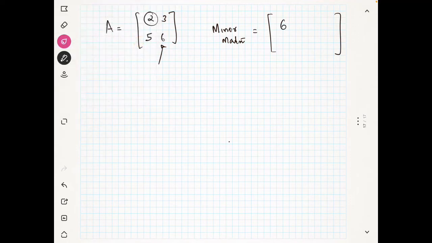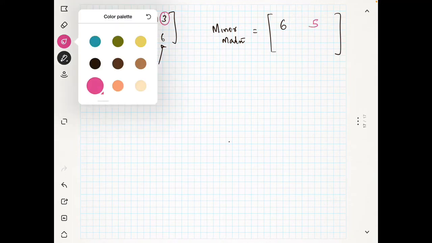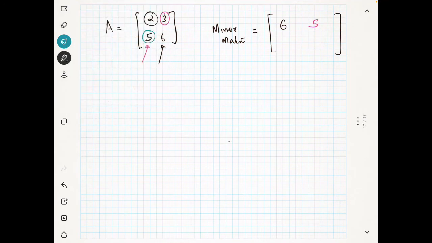Now for the element 3, the minor is 5. And for the element 5, the minor is 3. And for the element 6, the minor is 2, because you are removing that column and row.